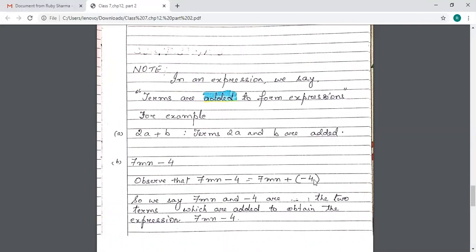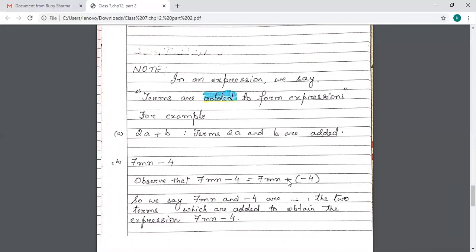We say minus 4 is added to 7mn. That means, if you remember, when we subtract a number, it is the same as adding the additive inverse of that number. So if we have to subtract 4, what is the additive inverse of 4? Minus 4.